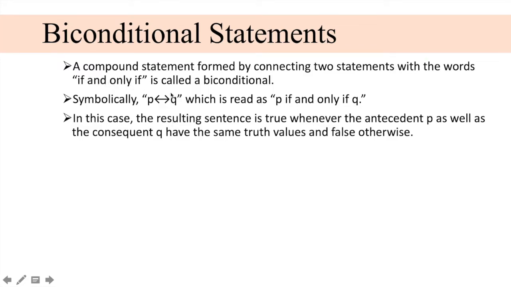This left-and-right arrow is the symbol for if and only if, which is read as P if and only if Q. The resulting sentence is true whenever the antecedent P and the consequent Q have the same truth values, and false otherwise.